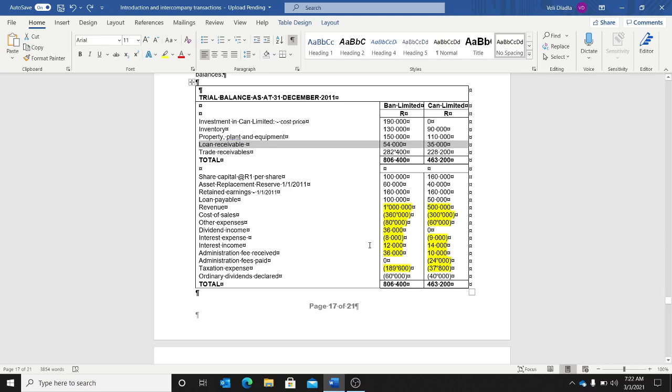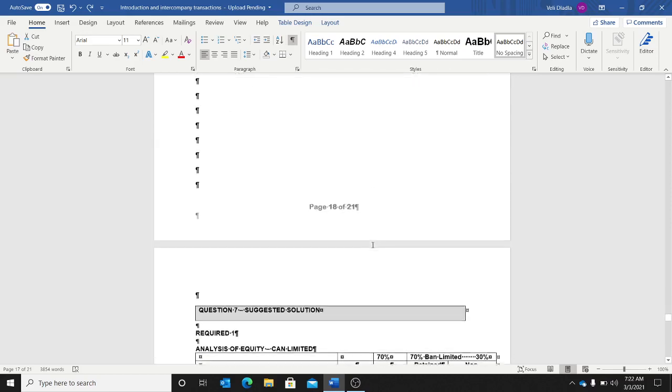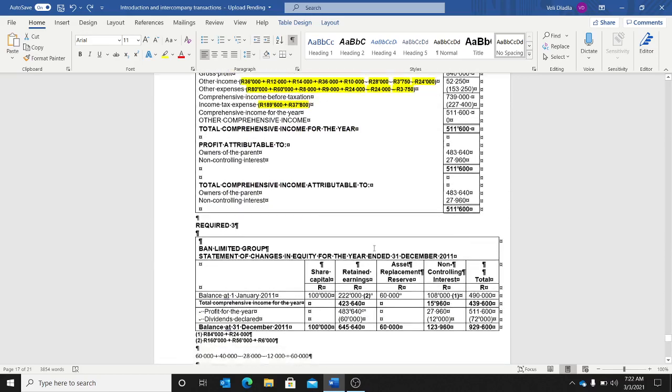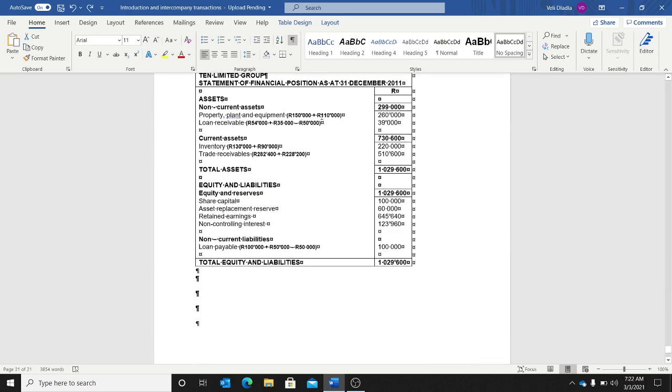So the first thing is you add the two figures. You will see here, 35 plus 54 plus 35, and then you've got 100 plus 50. Here, you add them. But now you'll see on both of them, there's a minus 50 and a minus 50.